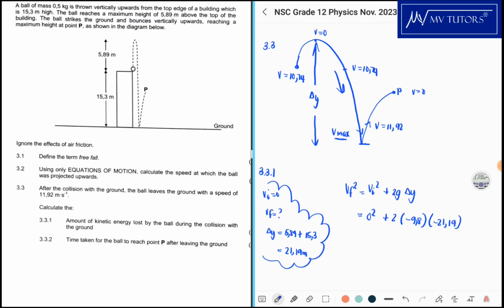21,19. Okay, and now in order to get our final velocity, that will basically be the root of 2 times 9,8, because the negative and the negative, they'll cancel out and be positive, and then 21,19.